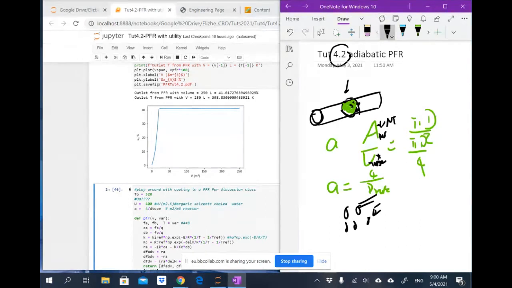This is the area of a tube, the heat transfer area, so it's not the cross-sectional area. If I multiply this by the number of tubes to get the total area in my reactor, the number of tubes will cancel out. So I can either have one tube that is very long, and it will give me the same area as 5 tubes that have the same diameter, but are shorter.